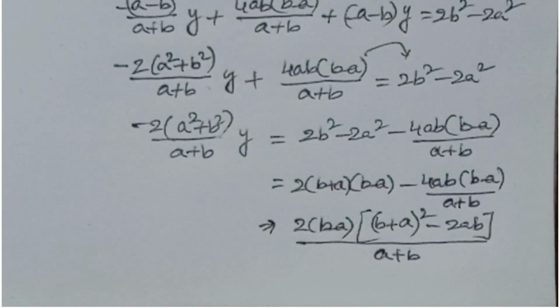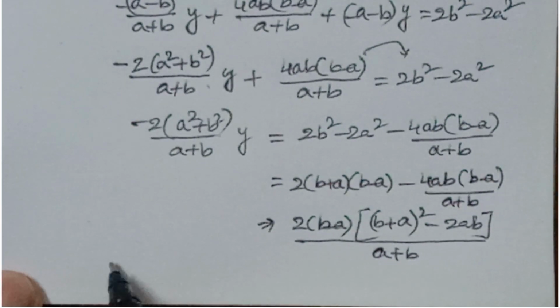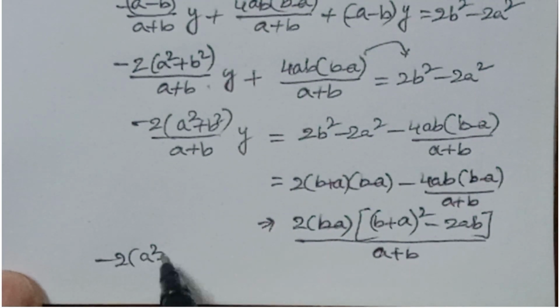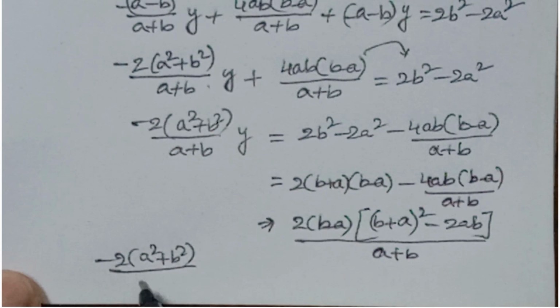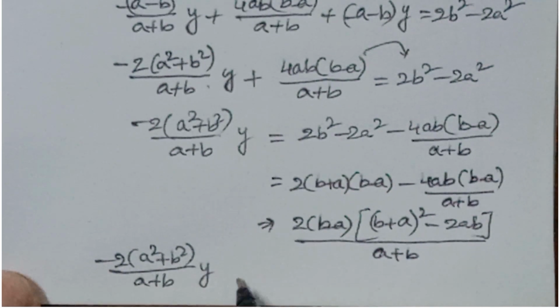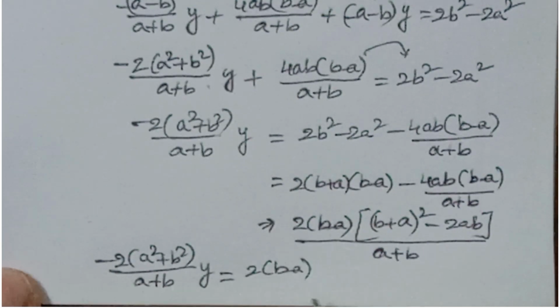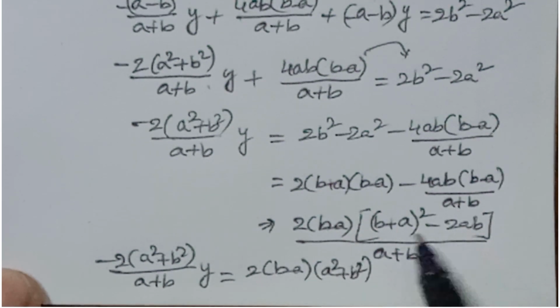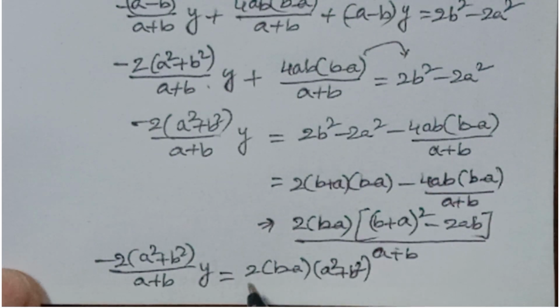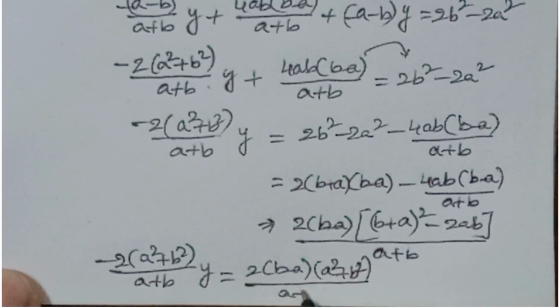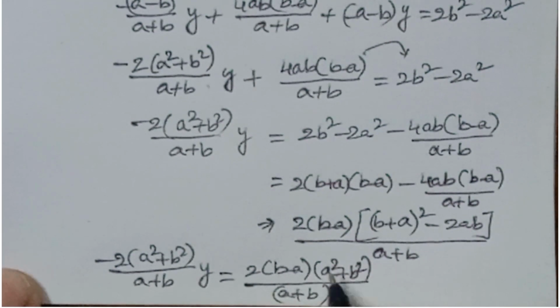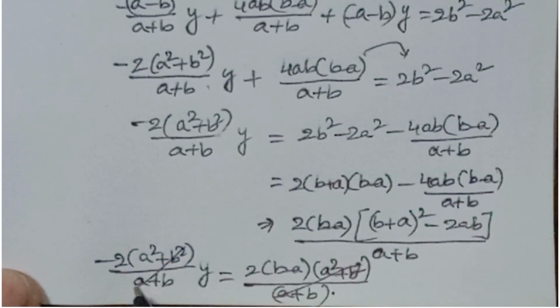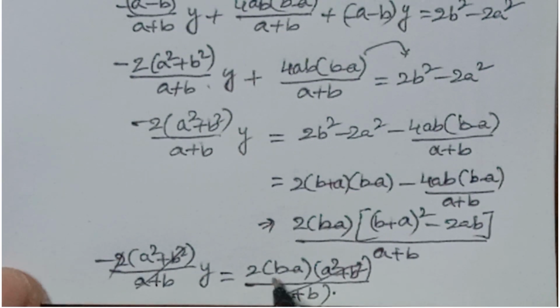This one you'll get a²+b². So -2(a²+b²)/(a+b) y = 2(b-a)(a²+b²)/(a+b). The 2 and the (a²+b²)/(a+b) cancel.